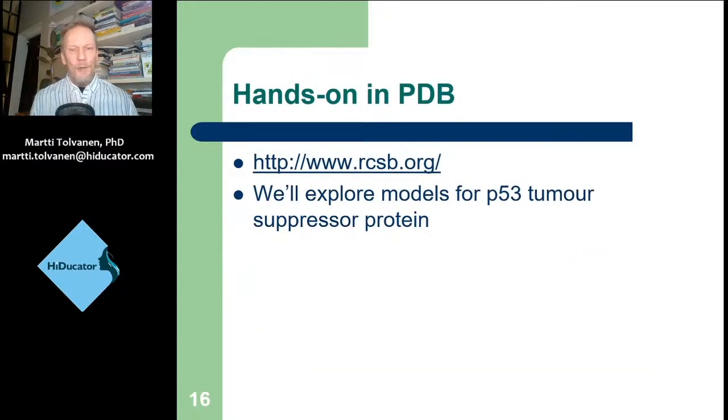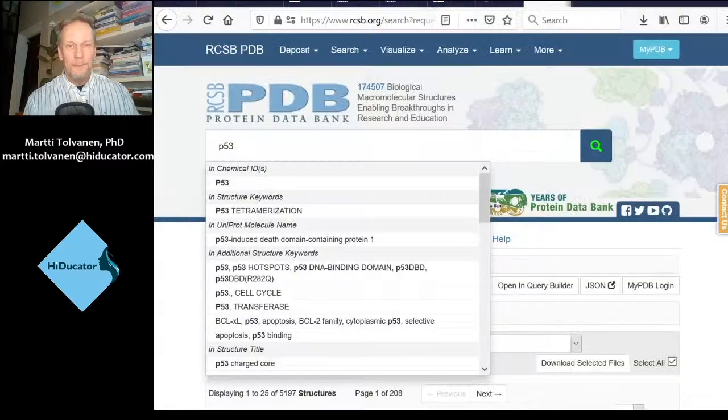Now, let's have a look at a hands-on exercise in PDB, and we'll use a protein called P53, a tumor suppressor protein, as our search target. Here we are on the PDB homepage, ready to start searching for P53.